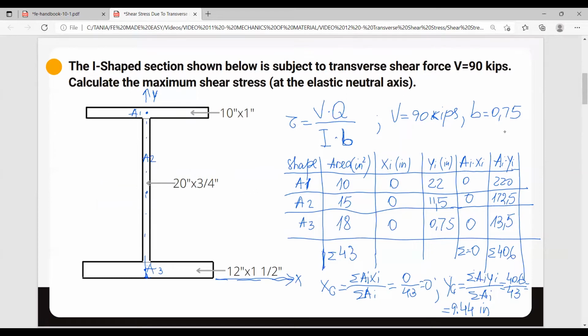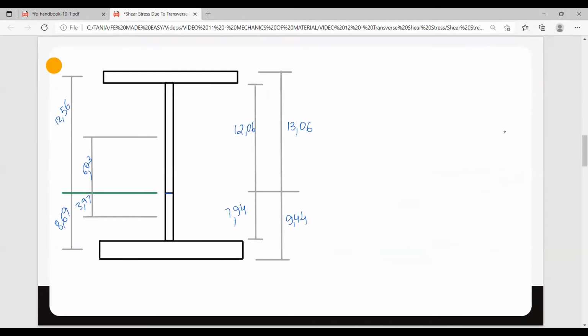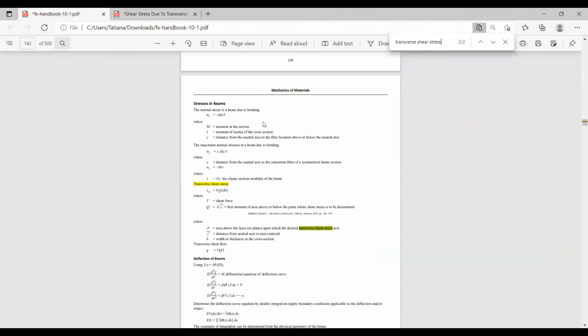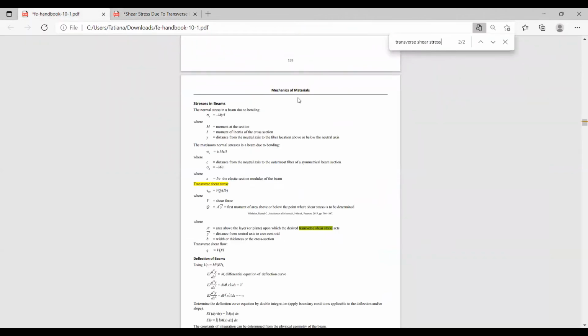Let's move forward now and calculate the moment of inertia for a shape with an arbitrarily chosen datum. Let's go to our FE handbook and see what we can find. Let me write it down here, just in case you don't know the formula.